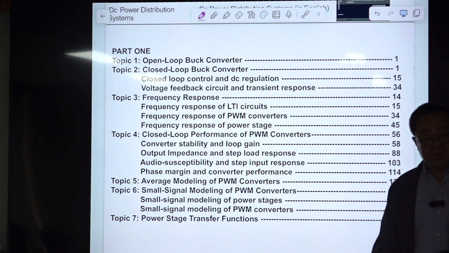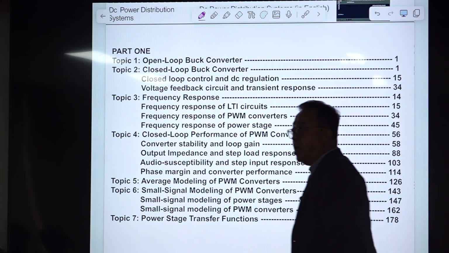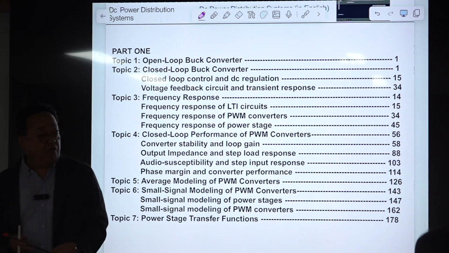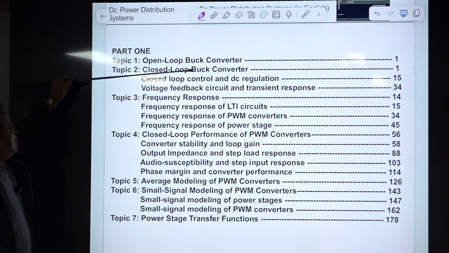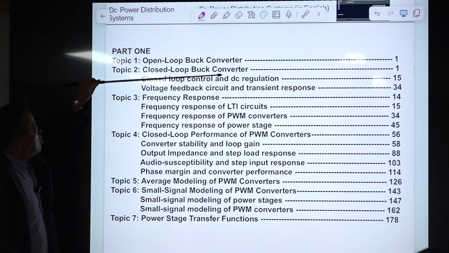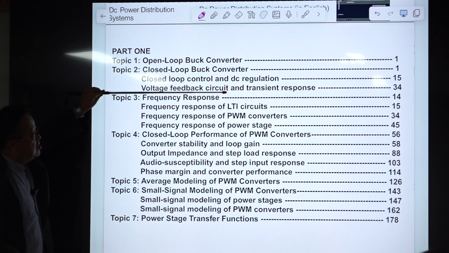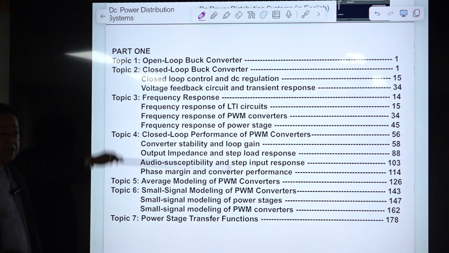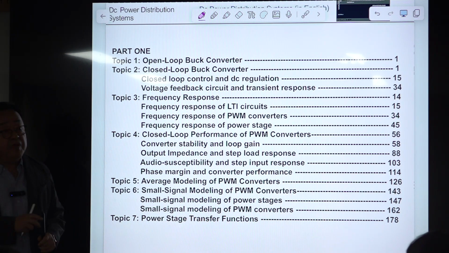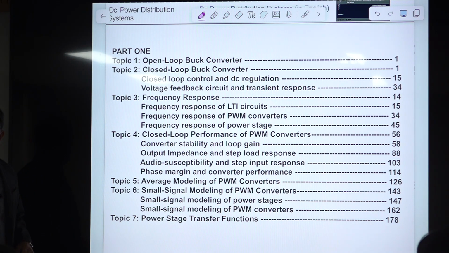Okay, but we need to have the same basis. So I want to make sure you are in the same boat. For that, I'll spend some time on the open loop buck converter and closed loop buck converter, and this one is also basic. This is kind of a repetition of the previous course, but somehow I decided to go through this, for the common basis of all my students. So we are in the same boat and we are sailing in the same direction, right?